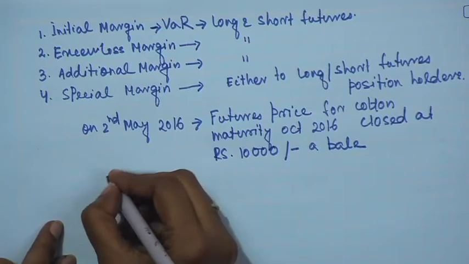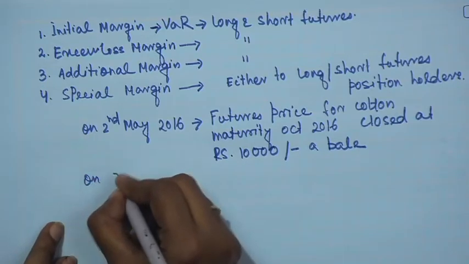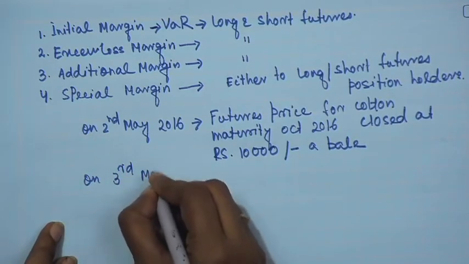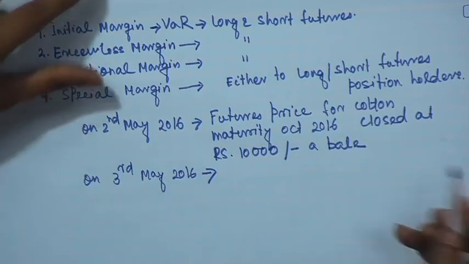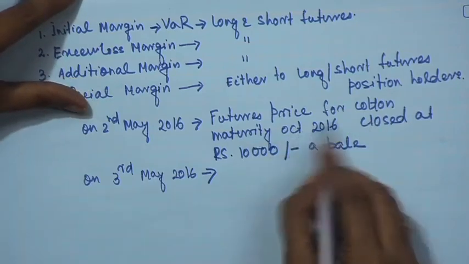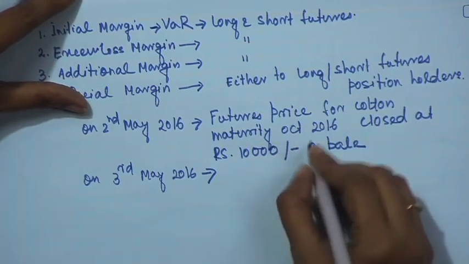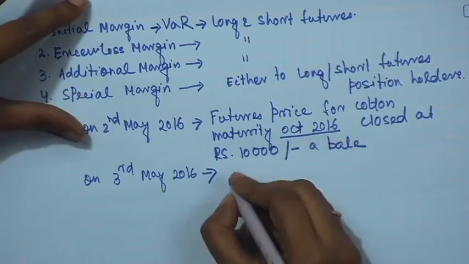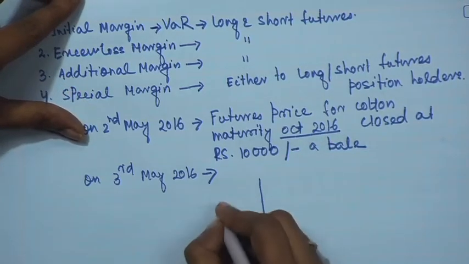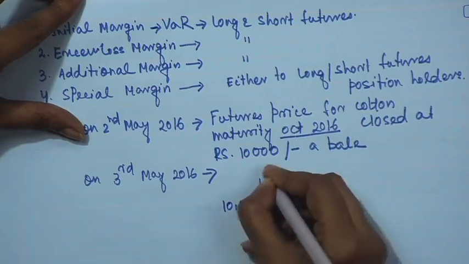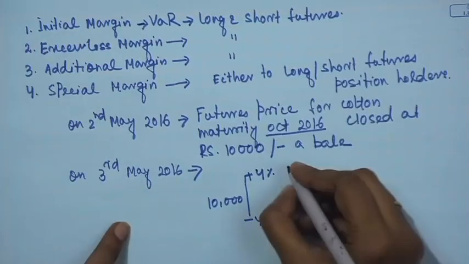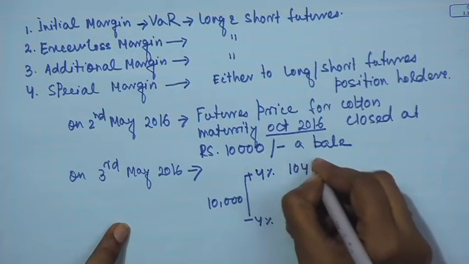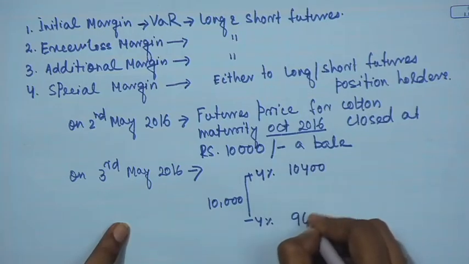Now on 3rd May 2016, if the same futures price, that is the cotton contract maturing in October 2016, goes to a price level of plus 4% or minus 4%, that is 10,400 and 9,600.